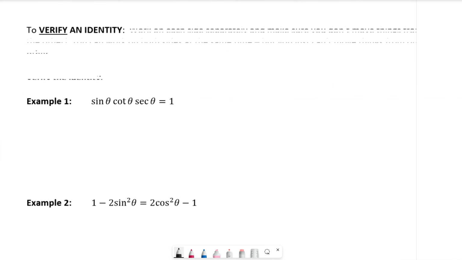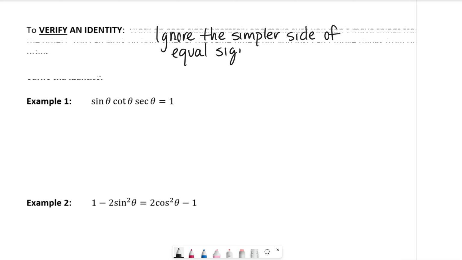Okay, moving down to the center of your page. When verifying identities, I want you to ignore the simpler looking side of the equal sign, and then simplify the other side.